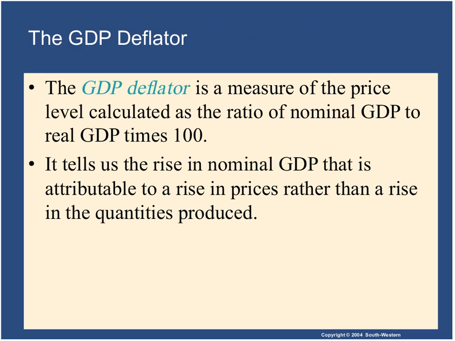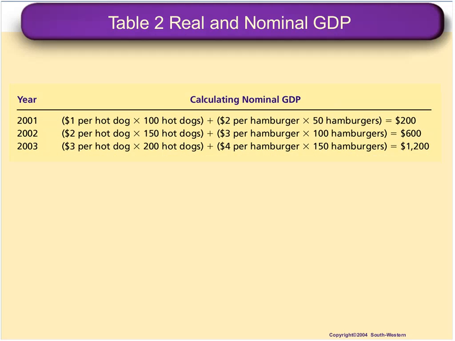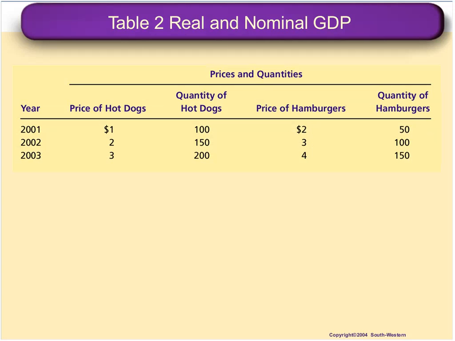in the quantity produced. So you look at here, in the first year the price for hot dog is $1, the second year is $2, the third year is $3, and quantity is also changing. The price for hamburger is $2, $3, $4, and quantity is also changing.